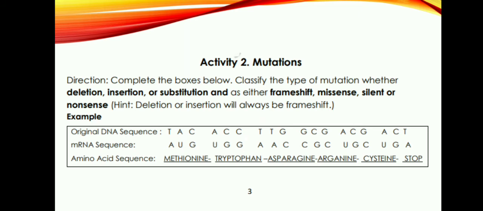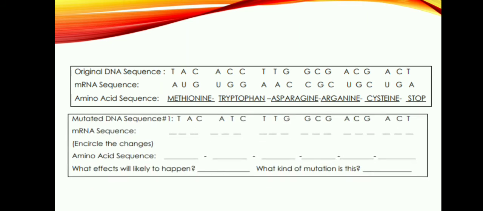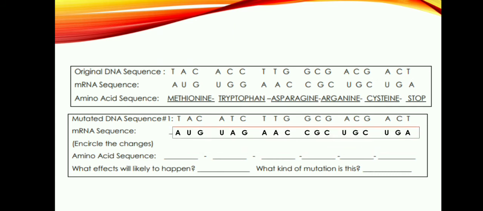This is the original DNA sequence. Now we are going to answer this number 1, the mutated DNA sequence. These are the base pairings in the replication of the DNA and the mRNA sequence.